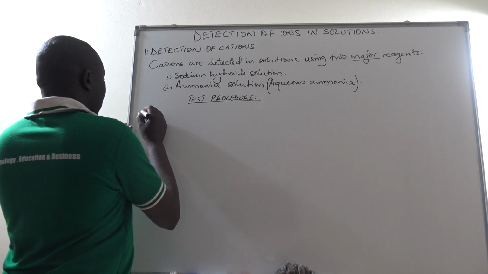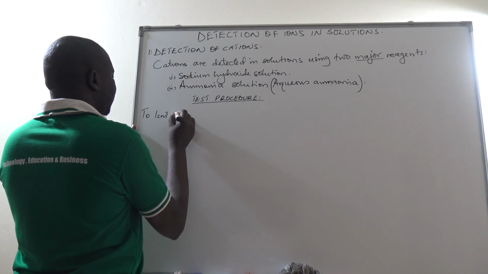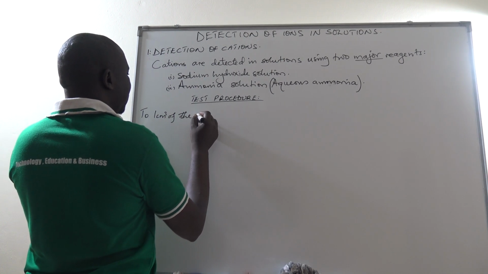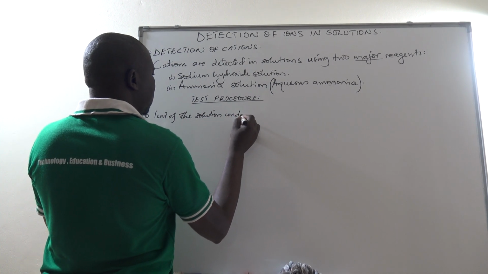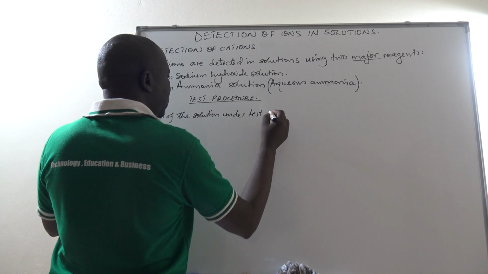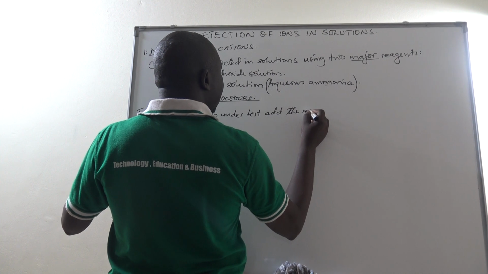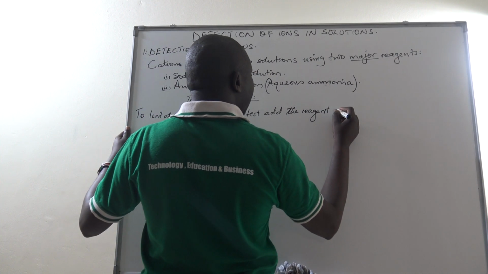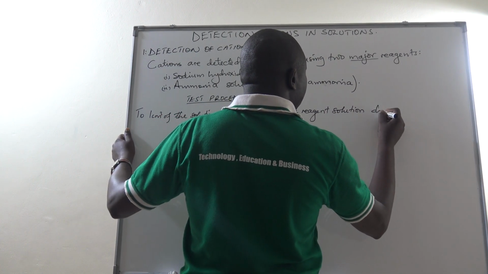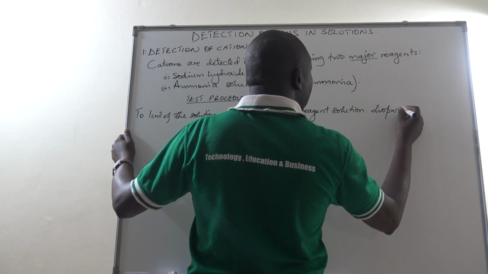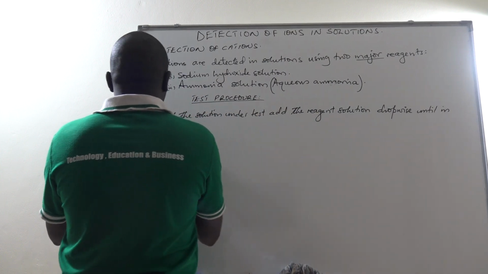So we shall say: to 1 cubic centimeter of the solution under test, add the reagent solution dropwise until in excess.